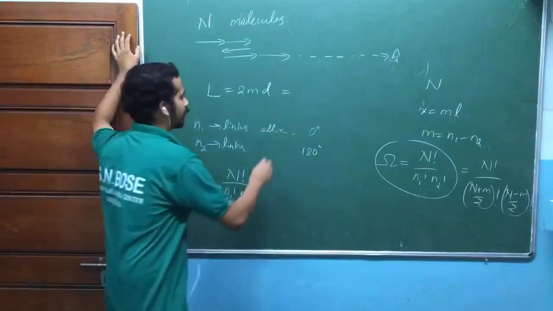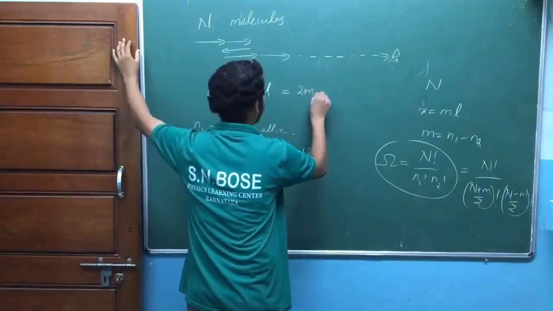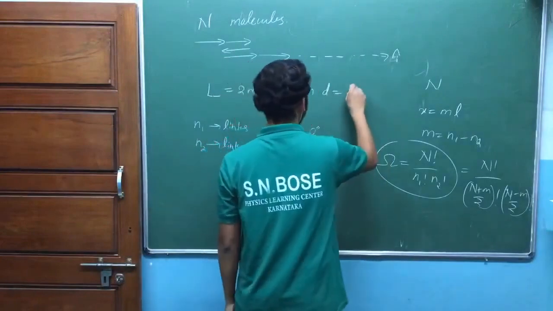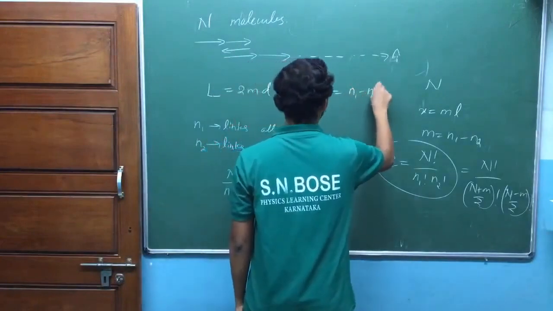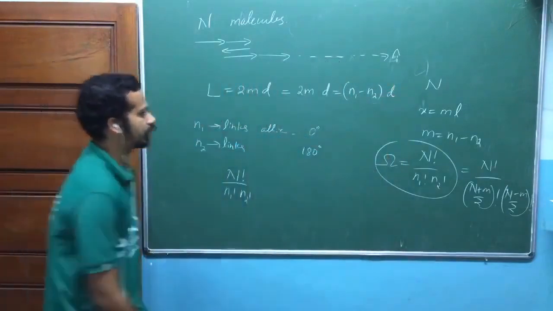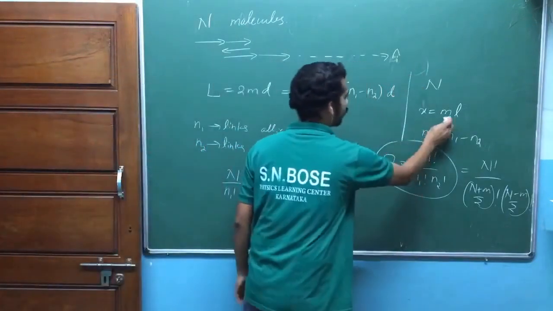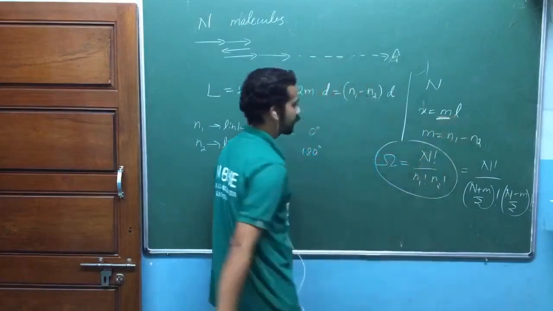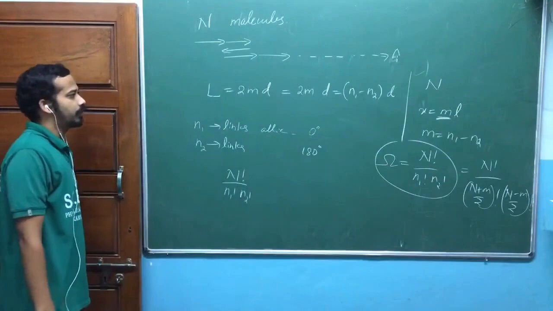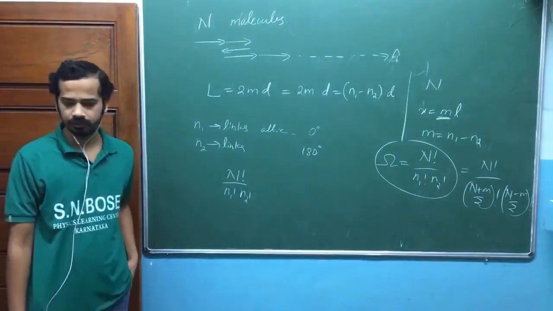Now look at here, 2m into d. That 2m should be equal to n1 minus n2. Just like x equal to m into L, whatever integer comes here, I have written n1 minus n2. Now let me take 2m as n1 minus n2.